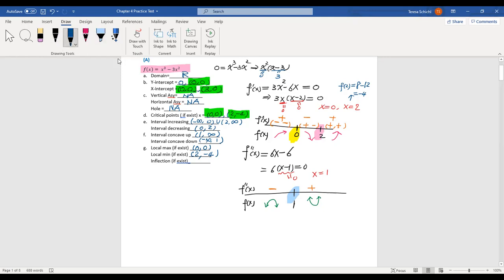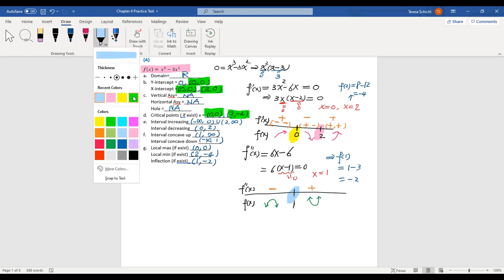So I know the inflection point is x equal to 1. Let's take a look at f of 1, which is 1 minus 3, which is negative 2, right? Okay, so I know the inflection point will be (1, -2) here. So this will be another point we can graph, right?